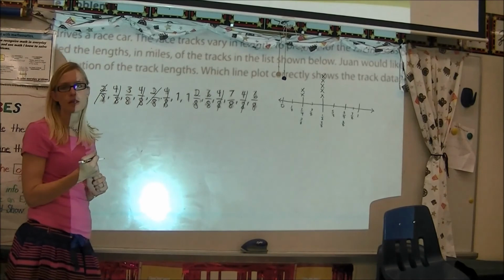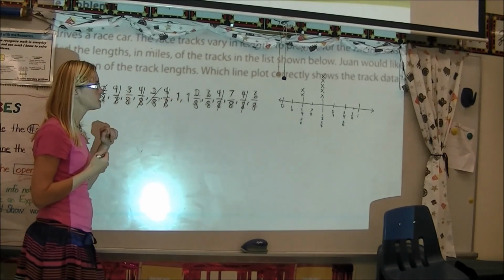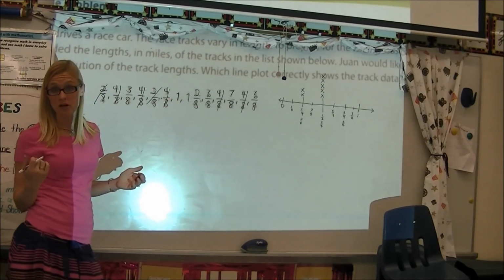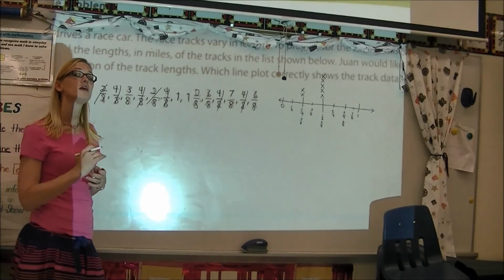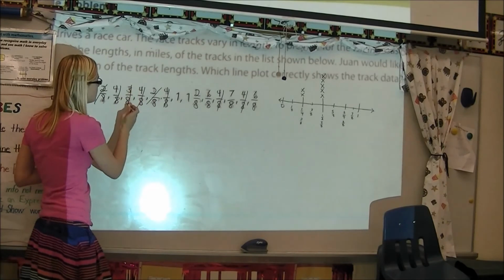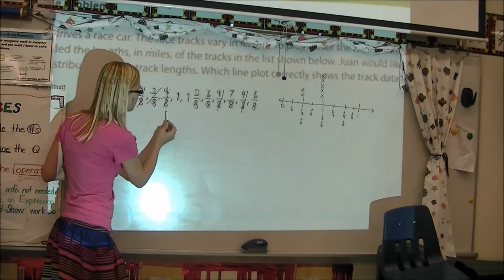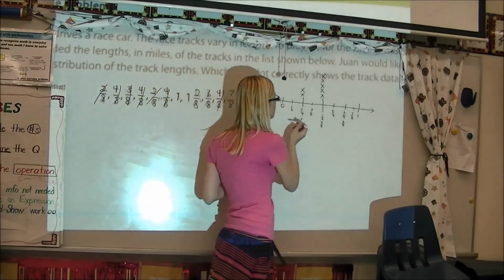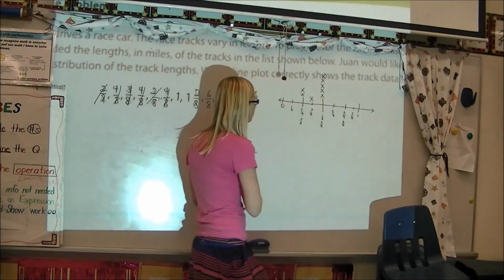Now, it's super important that I mark them off, because if I miss one, well then when I get to the end, they won't be marked off, and I know that, oh yeah, I forgot one. Let me go ahead and add that one in now. Okay, so 3 eighths. I have 1. No more. So 1 at my 3 eighths.